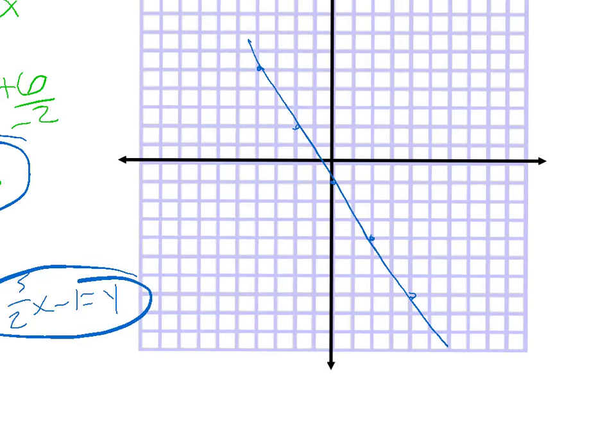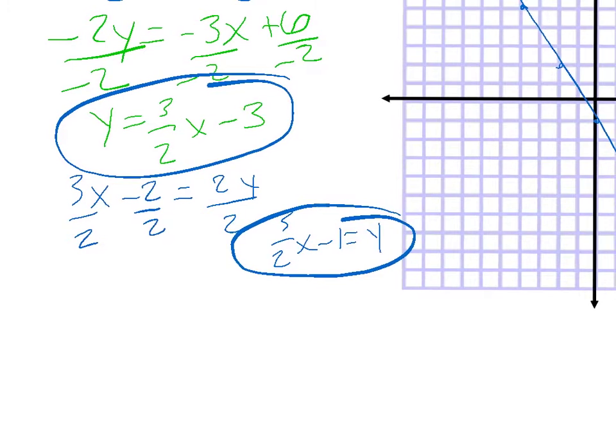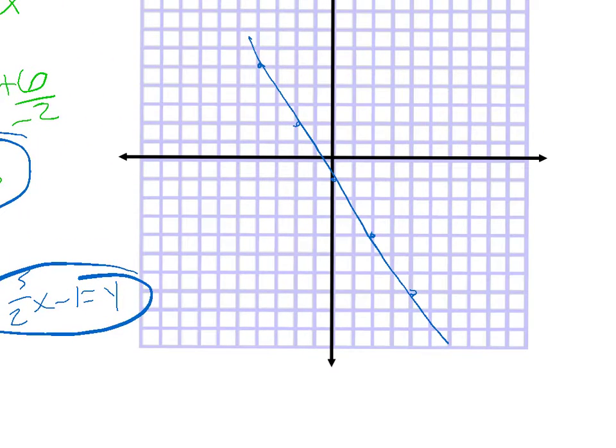Then I go and do my green one, and it's a minus 3 for my y-intercept and 3 halves. So I cross at minus 3, and then my slope is down 3 to the right 2, down 3 to the right 2, or up 3 to the left 2. 1, 2, 3 over 2, 1, 2, 3 over 2, and there's my slope there.